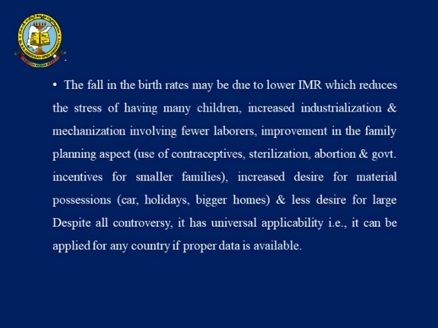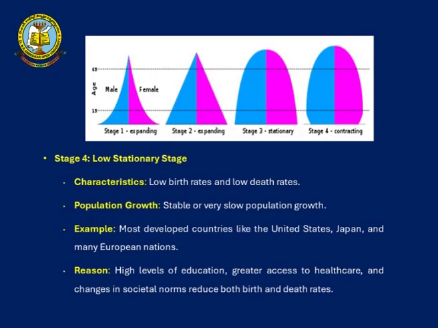So after discussing the third stage, let me take you to the fourth stage, which is known as the low stationary stage. Low birth rates and low death rates are the characteristic of this stage. The population growth is stable or very slow. If I were to cite examples, they would be the United States, Japan, and many European nations.